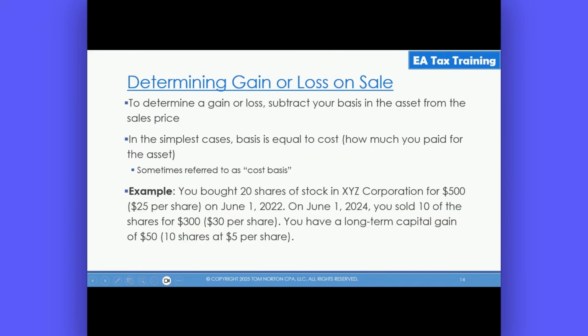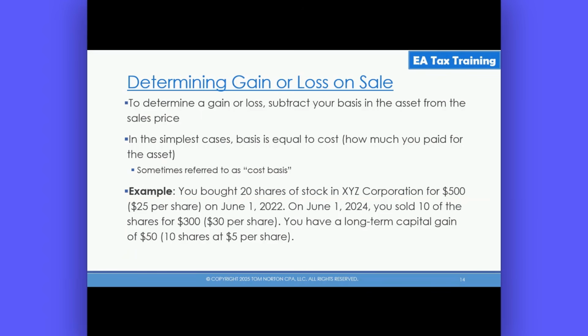So let's talk first about determining the gain or loss on the sale. In theory, it's a pretty simple concept. In order to determine a gain or loss, you simply subtract your basis in the asset from the sales price. And in the simplest cases, the basis is equal to the cost, how much you paid for the asset. So for example, you bought 20 shares of stock in XYZ Corporation for $500, or $25 per share, on June 1st of 2022.